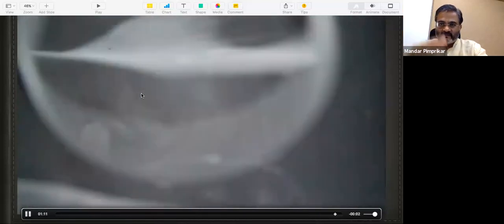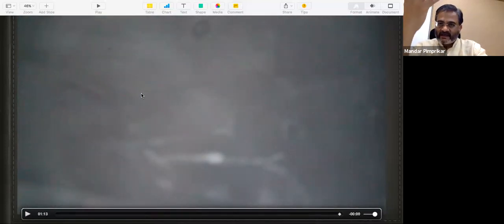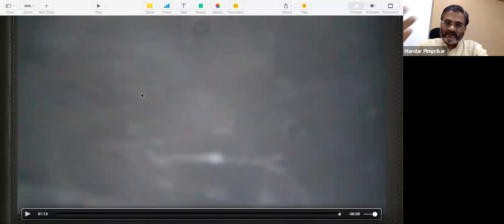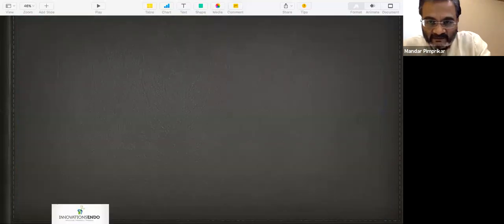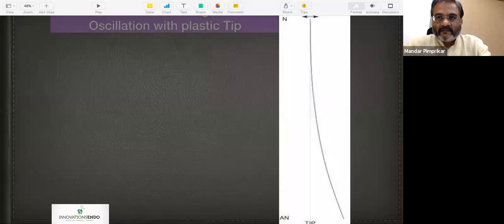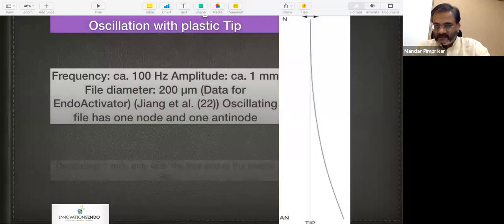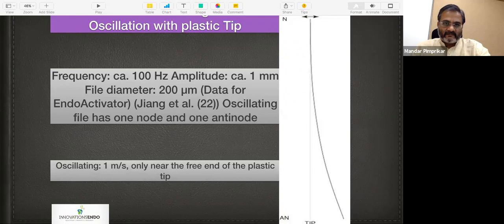Because when the GP moves up and down in the canal, it carries some solution with it. And that is how you can make the solution available in the apical third. Next, a commonly employed method is sonic. Many of you must be using some sonic device.